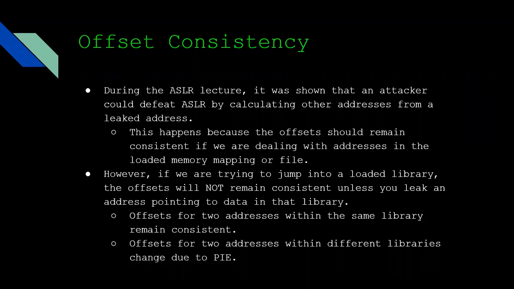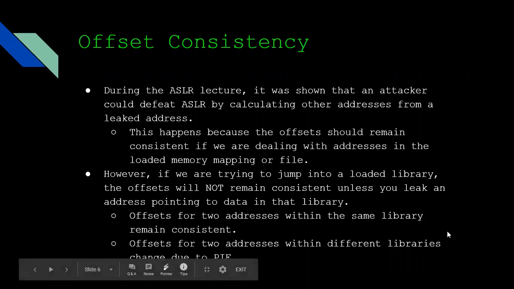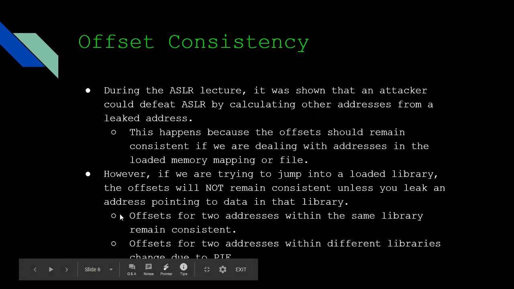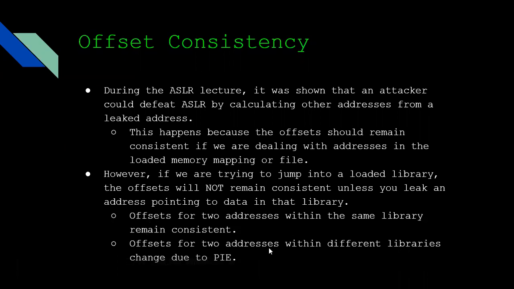What's going to happen is, if we leak an address that's pointing to data in one library or one other process, and we try to use that to calculate the offset for a different library, the offsets could actually change because of PIE. So we have to make sure that the address we leak is actually pointing to data inside the library that we're trying to calculate the offsets to.